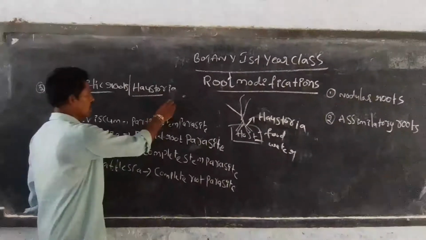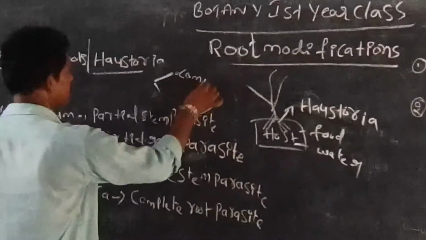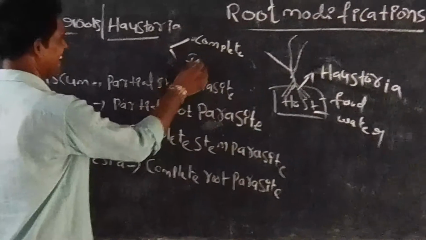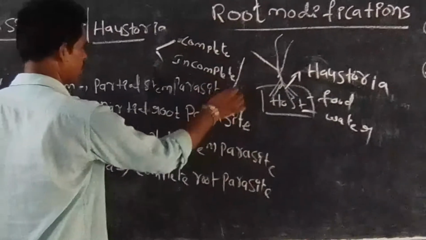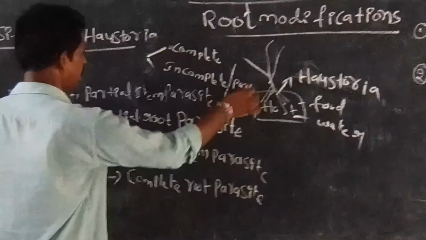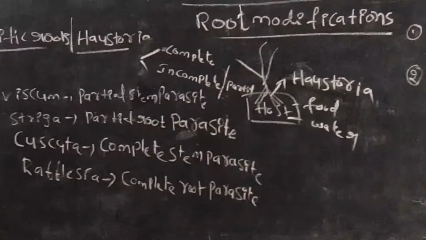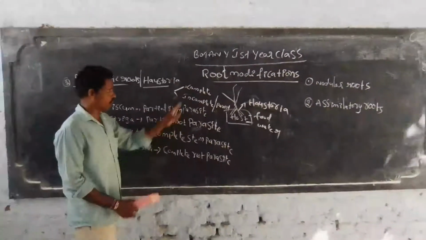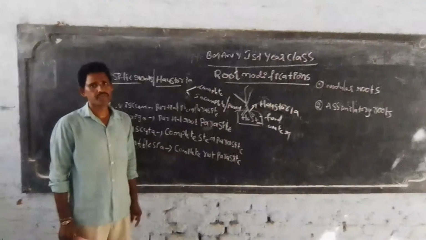These parasites are of two types. One is the complete parasite. Second is the incomplete parasite, also called partial parasite. A parasite plant which takes food and water from the host plant is called a complete parasite.